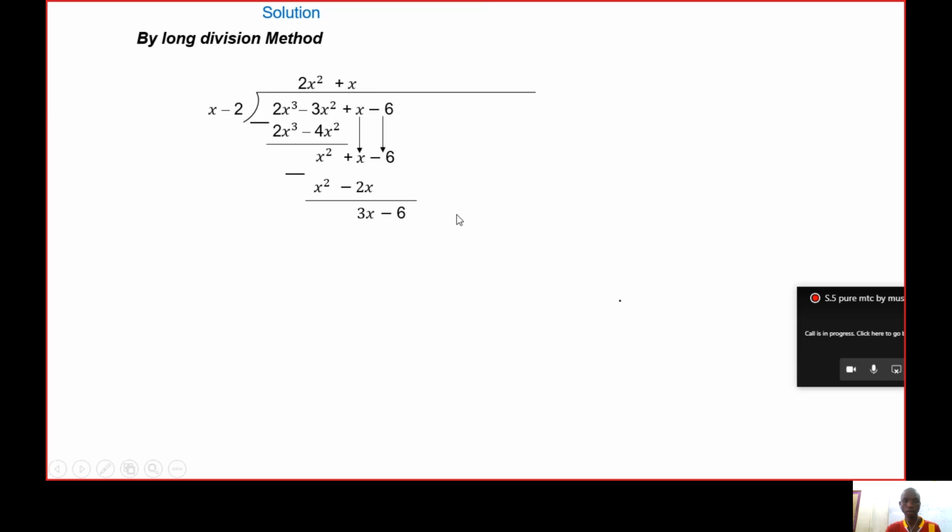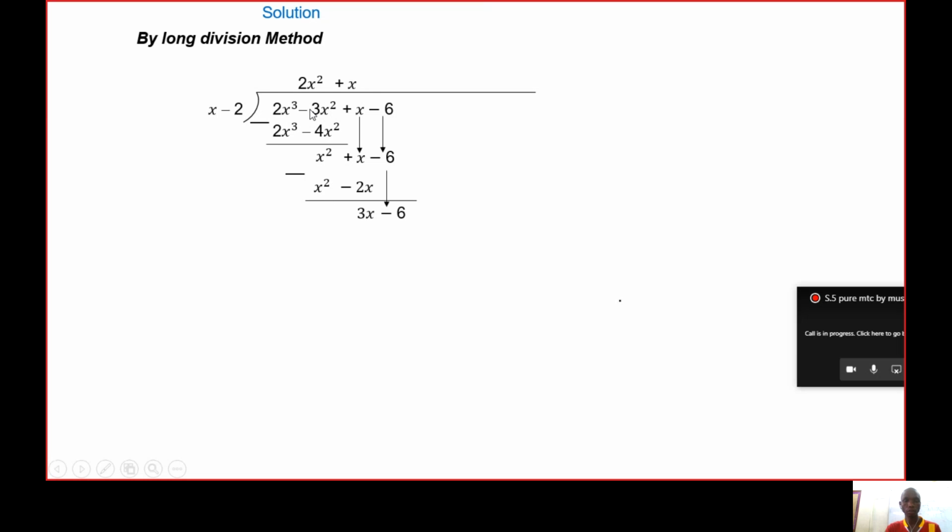I move negative 6 down to join this positive 3x. Then you do this until the power of x here is less than the power of x on the divisor.